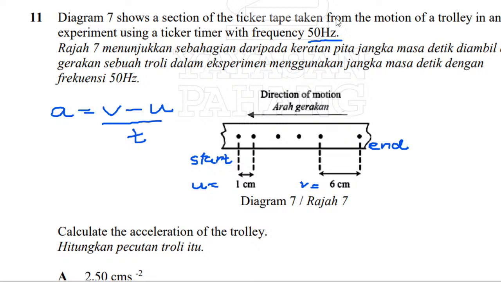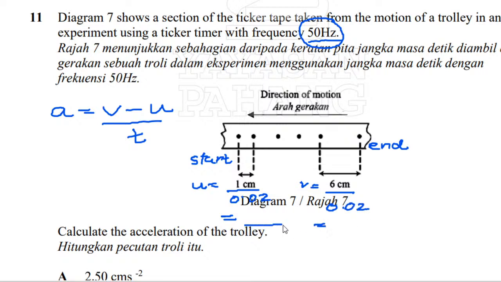We have 50 Hertz, so one dot space will be 1 divided by 50, which is 0.02. So the initial velocity is 1 centimeter divided by 0.02. Get your answer. And then the final velocity will be 6 divided by 0.02. Get your answer.